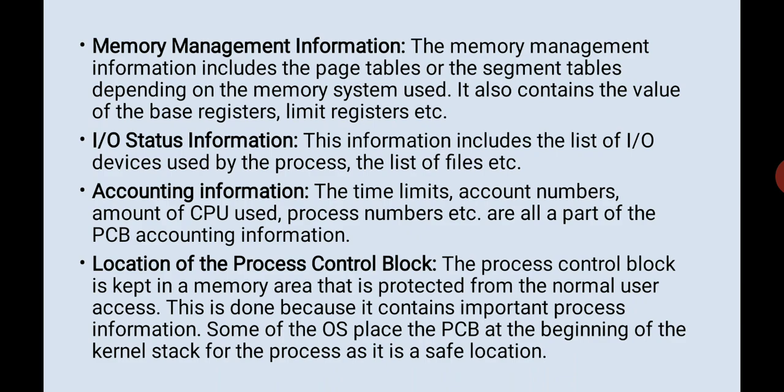So usually it is kept in the kernel stack, in the majority of cases, and to make it fast, it is usually kept at the beginning, so that you don't take much time to reach it. This has to be kept away from the user. The user should not be able to see what exactly is in it, so this is hidden from them, right?